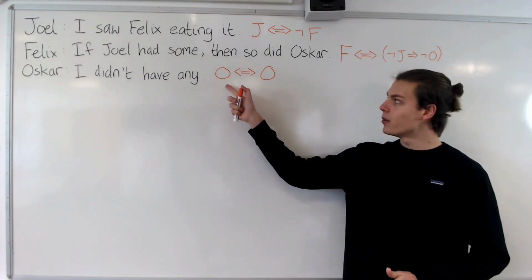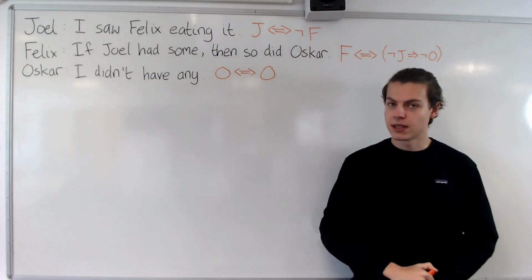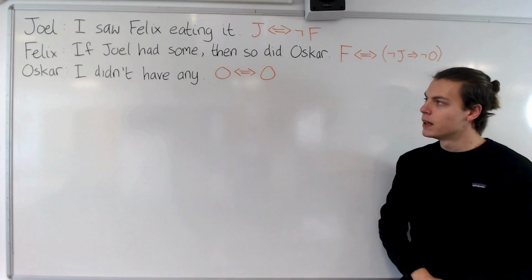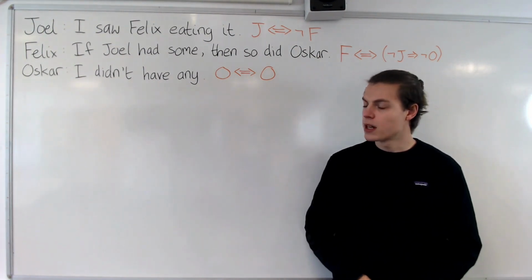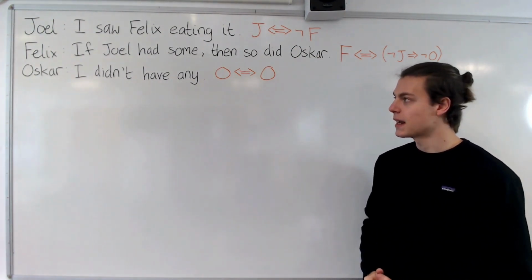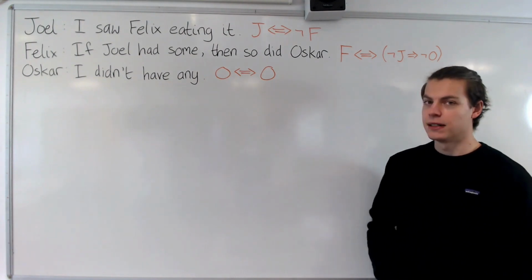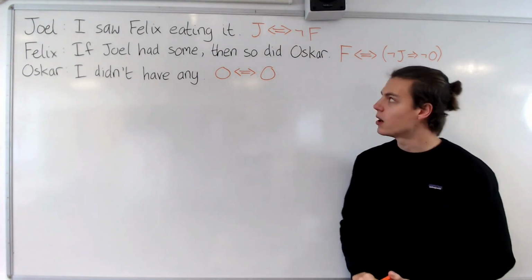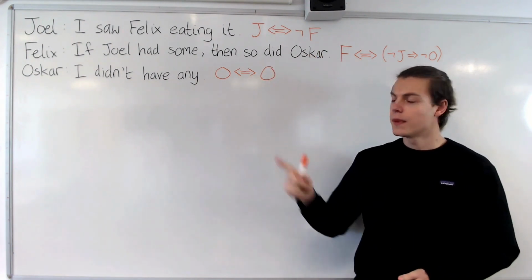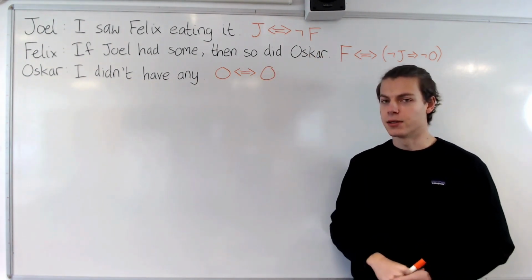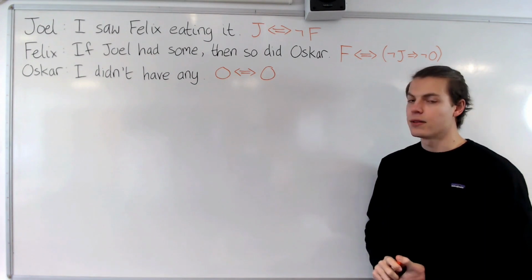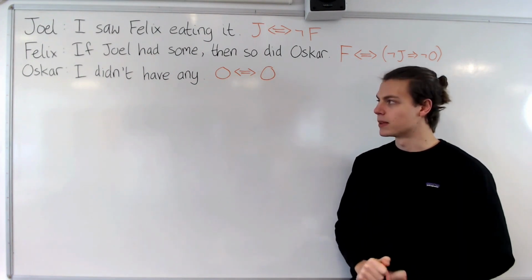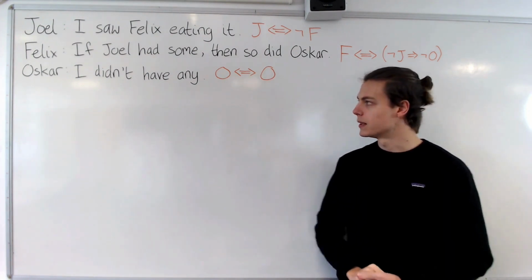Now we know that all three of these statements are true. So in order to determine which of the children ate the candy, we just need to find in which scenario, so for which truth values of J, F, and O, all three of these statements are true. And to do this, we can use a truth table to help.